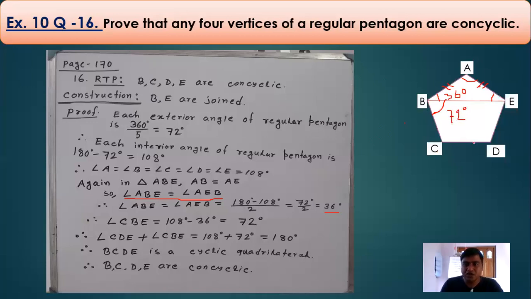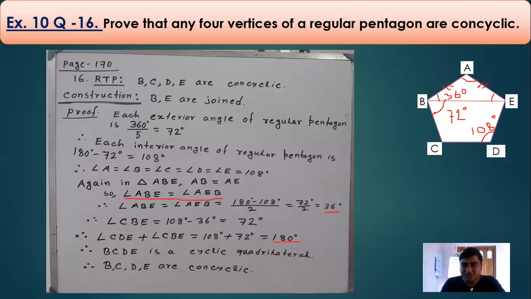Therefore, BCDE is a quadrilateral, and angle CDE is 108 degree. Therefore, the sum of these two angles, CDE plus angle CBE, equals 108 plus 72, which is 180 degree.